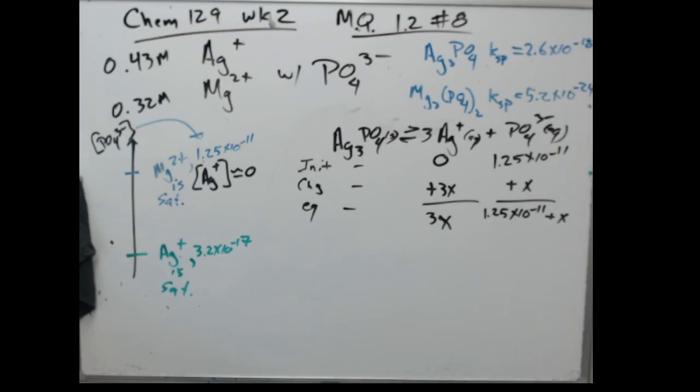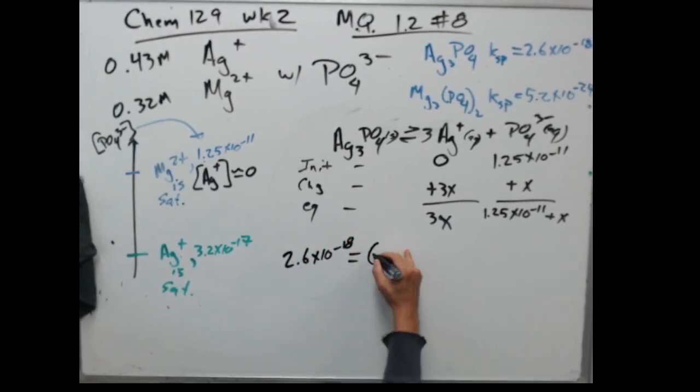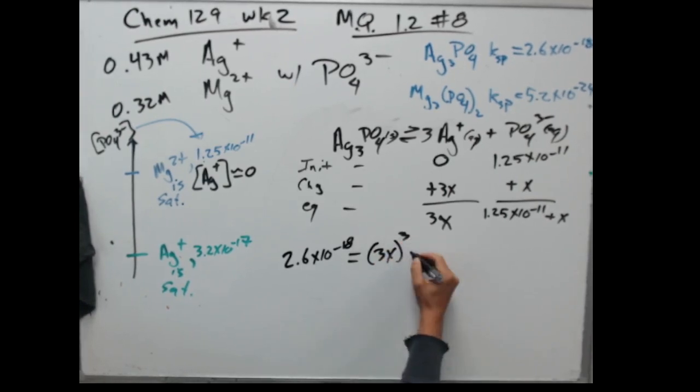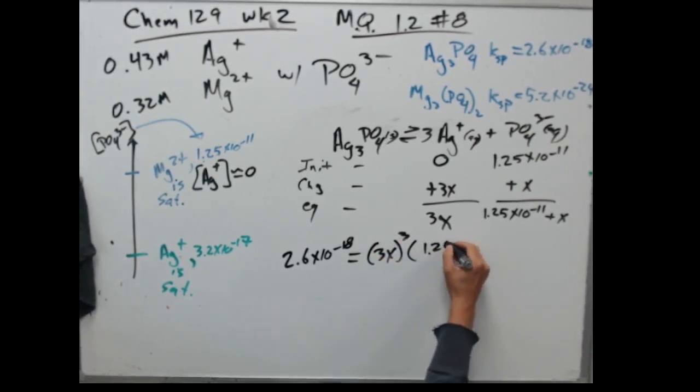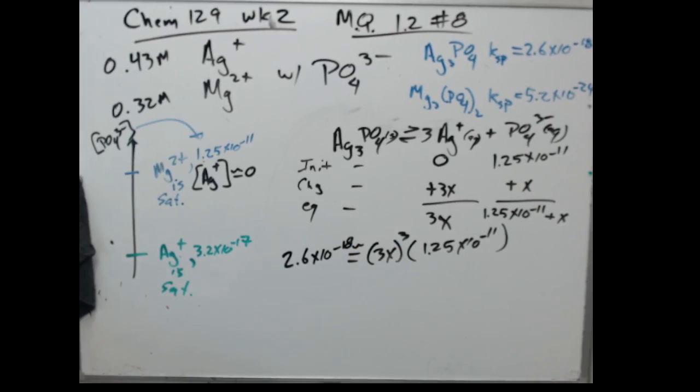Okay. So let's go ahead and do it. We're going to have 2.6 times 10 to the minus 18 is equal to 3x cubed times 1.25 times 10 to the minus 11. That's approximate. And we go ahead and solve this, and we see what x value we get. 2.6 times 10 to the minus 18 divided by 27 divided by 1.25 times 10 to the minus 11.